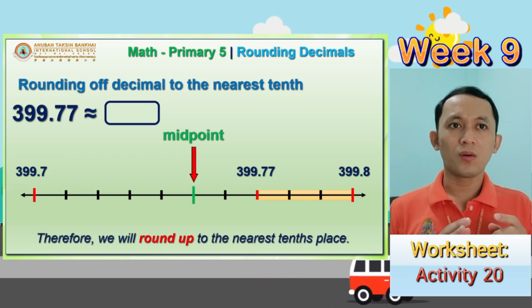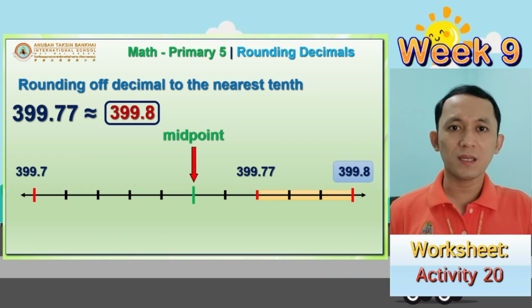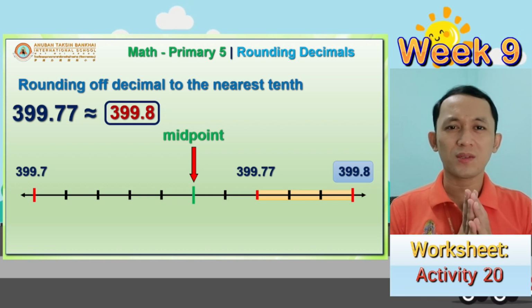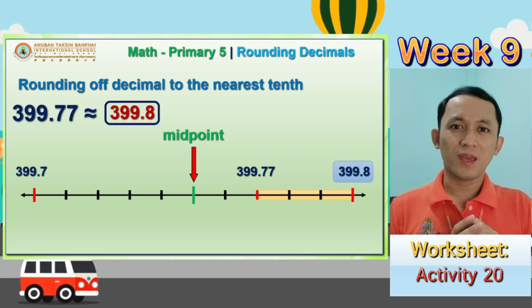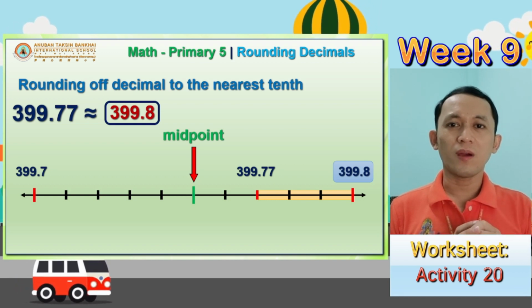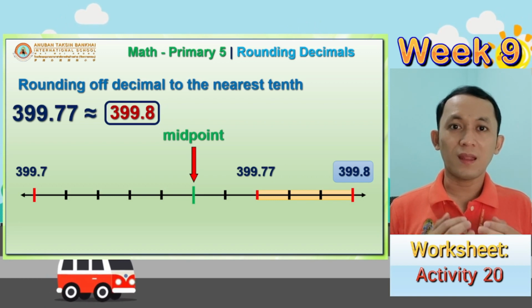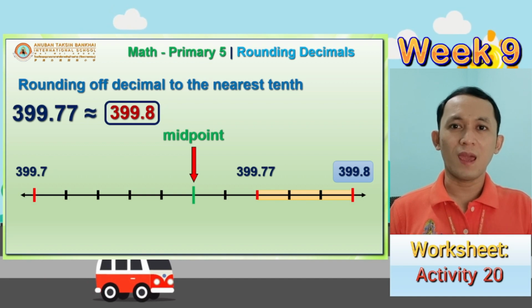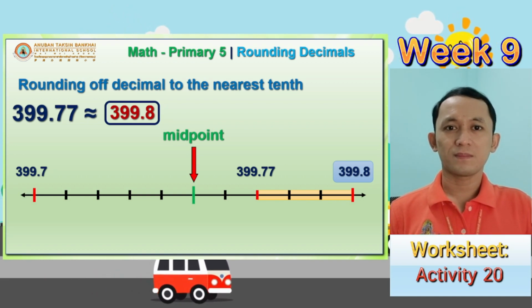Our answer will now be 399.8. Again, take note, you don't need to write 399.80. You can erase the 0 and just write 399.8. That is just the same if you're going to write 399.80.